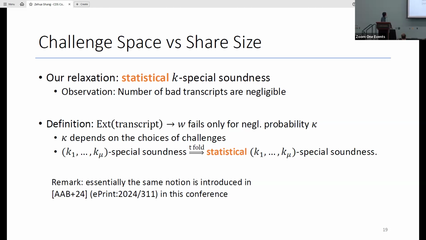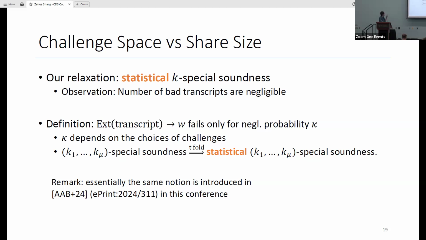Okay, so we introduce a relaxation of k-special soundness, which we call statistical k-special soundness. The observation is that the number of bad transcripts out of all transcripts is negligible. By bad transcripts, we mean transcripts in which, in some round, the same challenges appear, or there are some additional rules that the challenges do not satisfy.